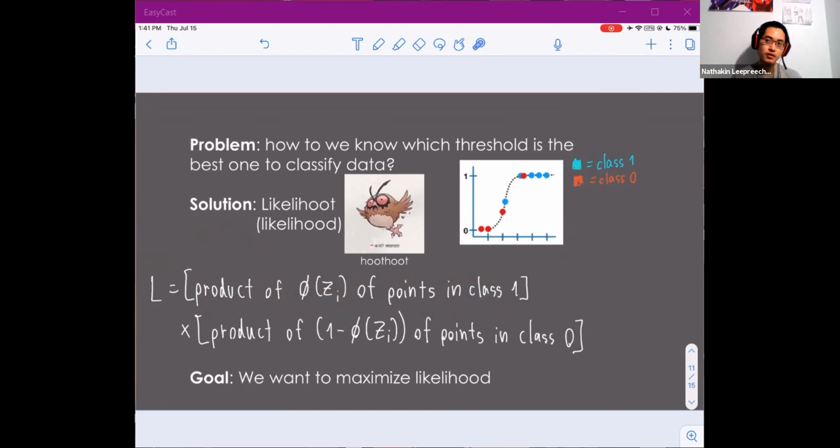But before that, let's do some simple algebra. If I ask you whether 0.9 times 0.9 is greater than 0.9 times 0.1, the answer is obviously yes.